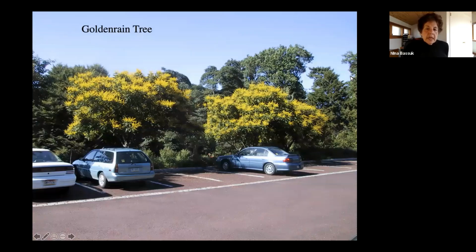Well, one of the toughest trees in terms of drought tolerance is the golden rain tree. Now, not golden chain, this is golden rain tree, and you see this near a parking lot in Pennsylvania here.